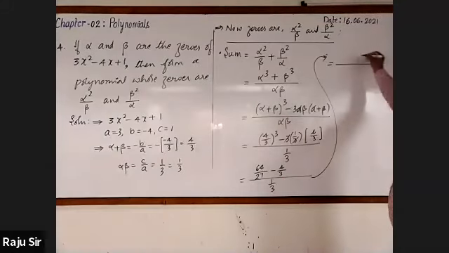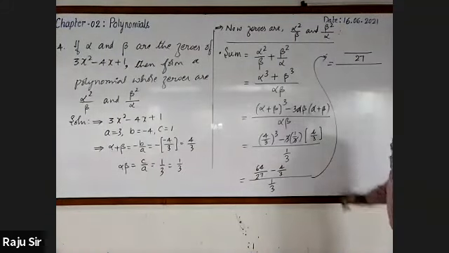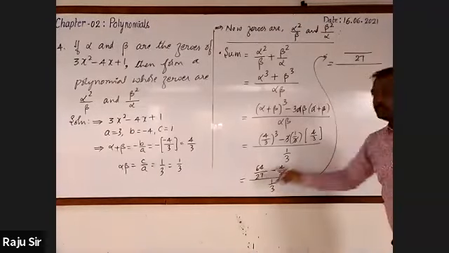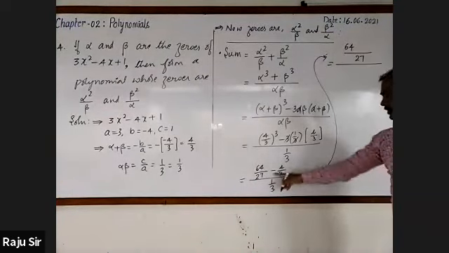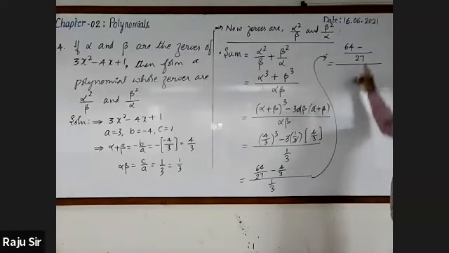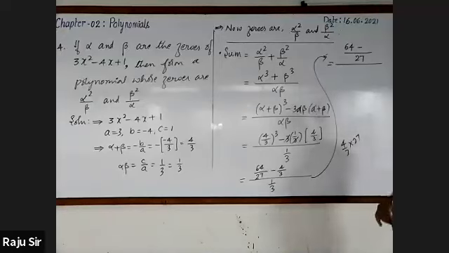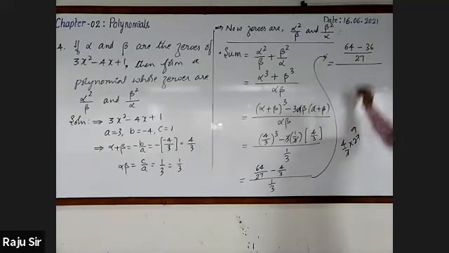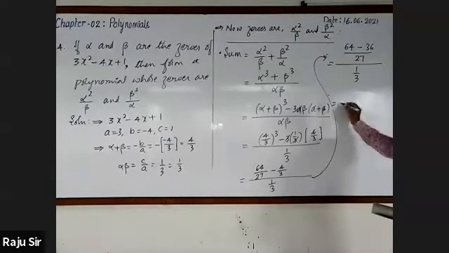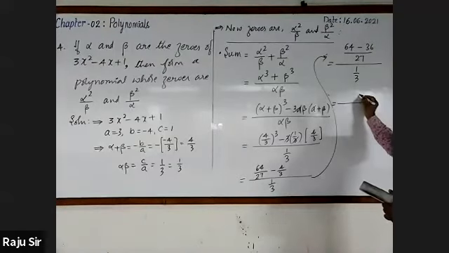LCM is 27. Multiply 27 with the first term, it gets cancelled, you will get 64. Minus, multiply 27 with the second term, 4 by 3 into 27: 3 ones are 3, 3 nines are 27, 4 nines are 36, divided by 1 by 3. Again simplify the numerator: 64 minus 36.